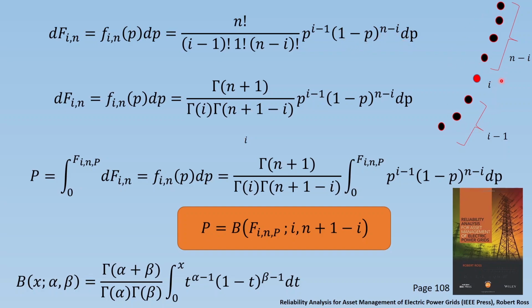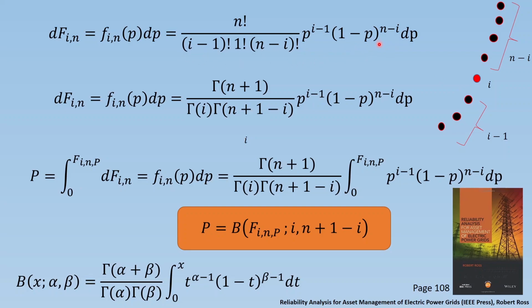Now totally we have n samples, so we have n factorial combinations. And within this category, we have i minus 1 permutations, so i minus 1 factorial. This is only one unit, so this is 1 factorial. This is n minus i items, so we have this many permutations, so we have to divide them. So the probability density function for sample i is actually something like this.